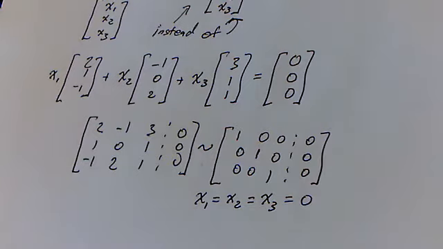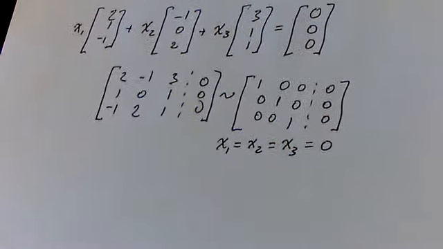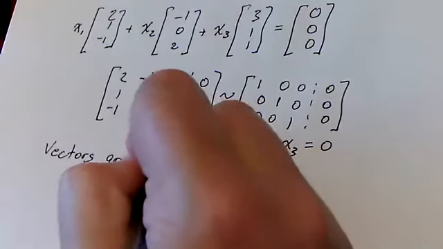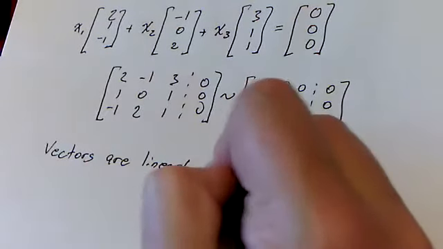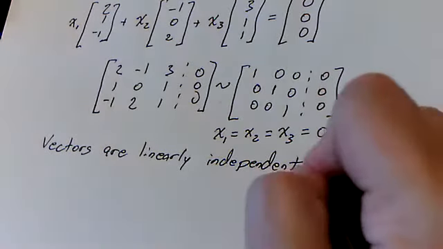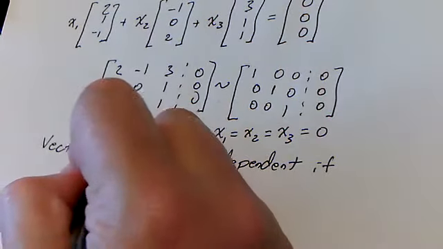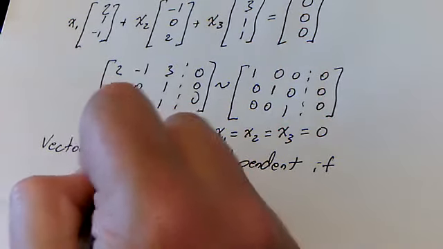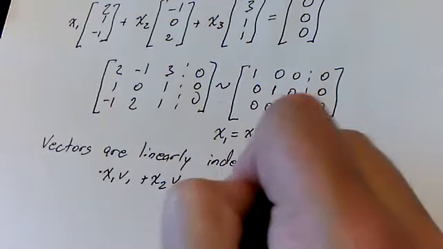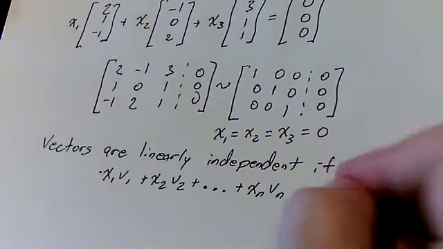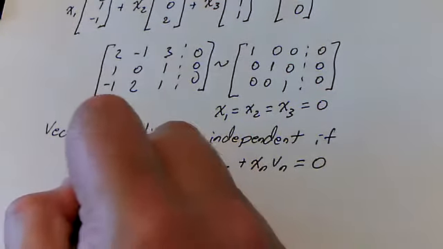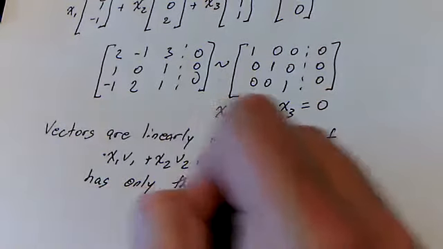So we're going to tie this idea into linear independence. Vectors are said to be linearly independent if x1 v1 plus x2 v2, you should recognize our vector equation, all the way out to xn vn equals 0, so that's our standard vector equation for a homogeneous system, has only the trivial solution.